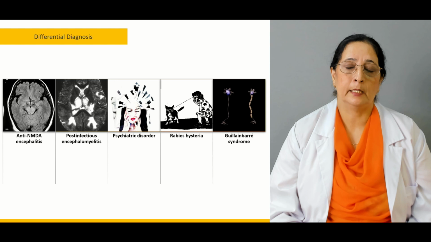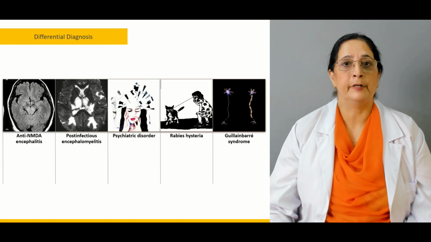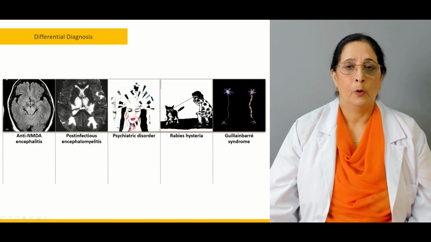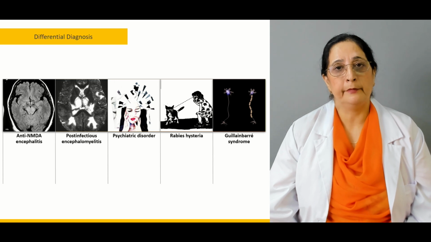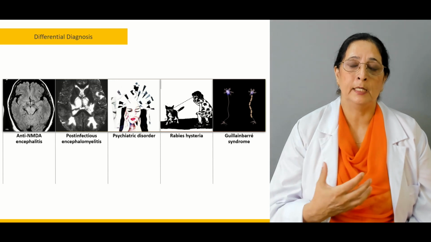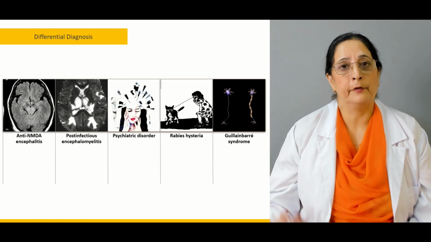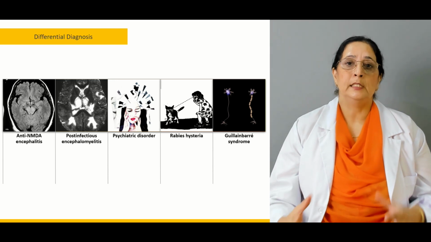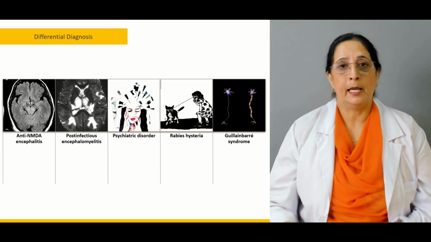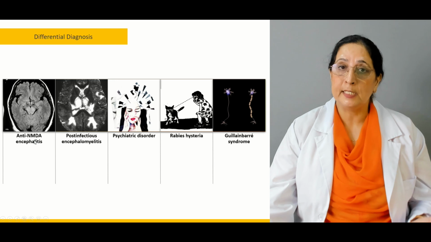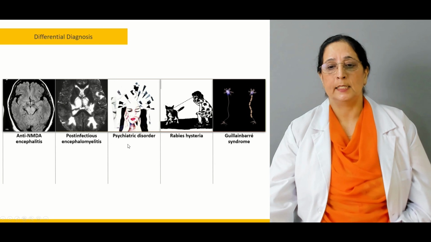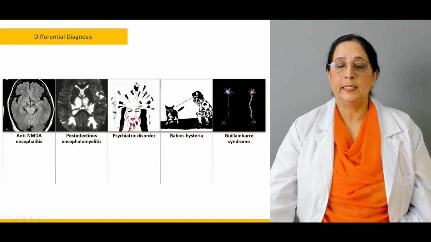All of these can affect the nervous system one way or the other. They need to be differentiated, and we do different tests like antibody testing, polymerase chain reaction, and imaging techniques, which help differentiate rabies from anti-NMDA encephalitis, post-infectious encephalomyelitis, psychiatric disorder, and rabies hysteria.